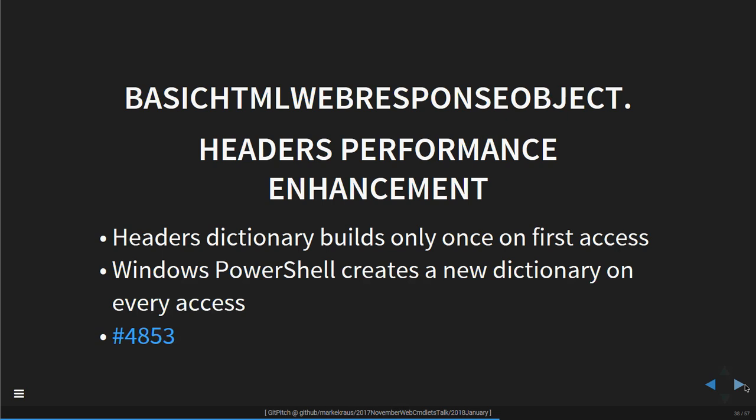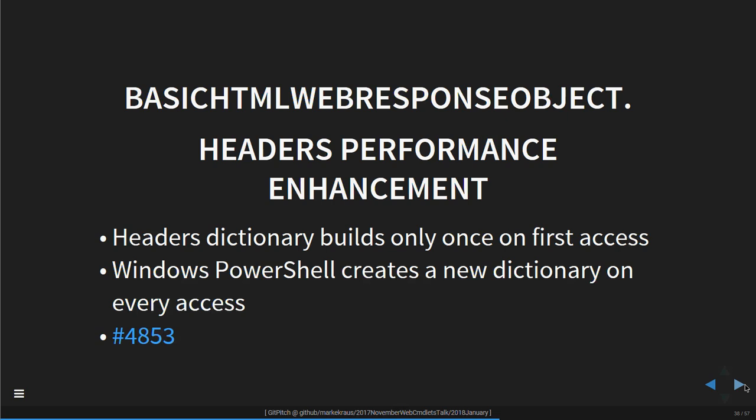Basic HTML response object headers performance has been enhanced significantly. In Windows PowerShell, the headers property returned from Invoke-WebRequest was generating a fresh hash table every time you accessed it. That was kind of ridiculous, with lots of memory bloat, and there were a lot of operations where you would need to access it, do some work, and then access it again.